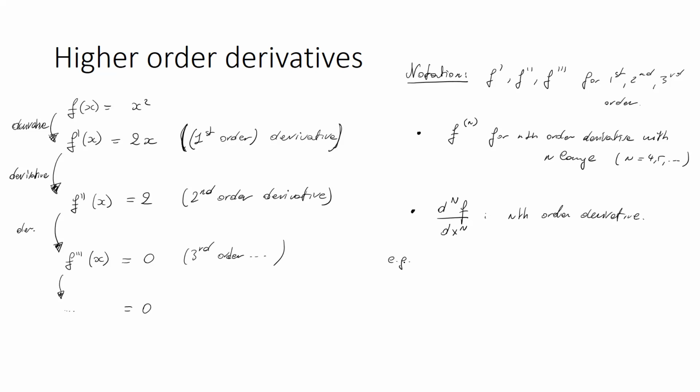To make it a bit more explicit, using the example that we had before, x squared, we can write the second order derivative with 2 primes, but we can also write this as d^2 f over dx squared. That's exactly the same thing, and that is equal to 2. And then likewise, f triple prime of x is d^3 f over dx^3, and that is 0.